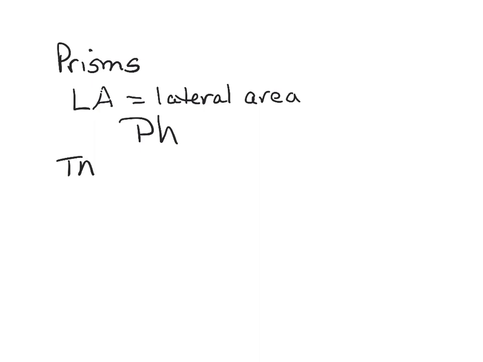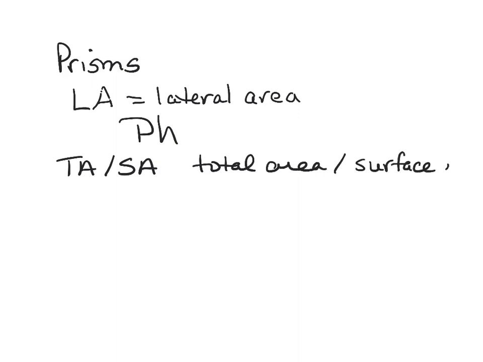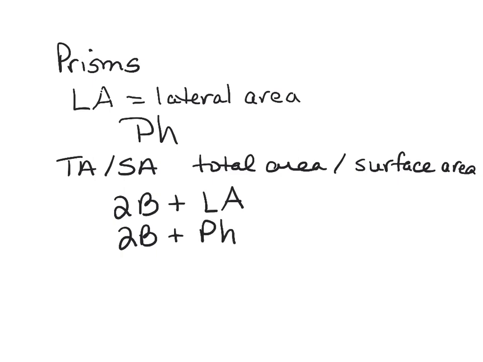To find total area or surface area, we're going to find the area of the base, and there will be 2, and add either the lateral area or, if you're not going to calculate the lateral area ahead of time and you know the perimeter and the height, you can also use that formula.